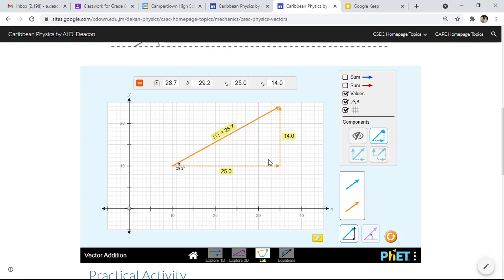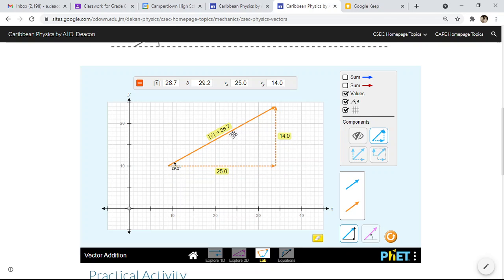I used this vector here, went from the x-axis up, and then connected from the origin to this vertical line here. So you noticed I drew a triangle.